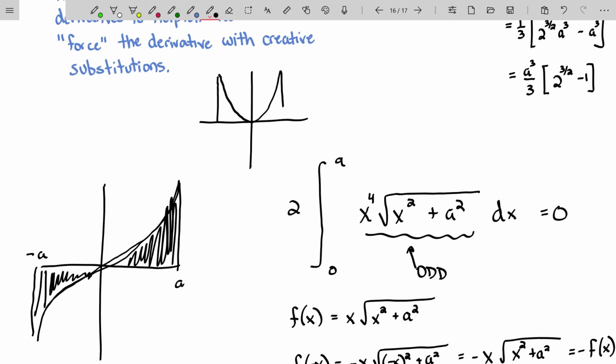And so if I'm integrating from negative a to a, that area there is the same as that area there. So really, instead of integrating from negative a to a, I could integrate from 0 to a and just double it up. Those are good tactics to pay attention to in your integrations. It just speeds things up immensely.